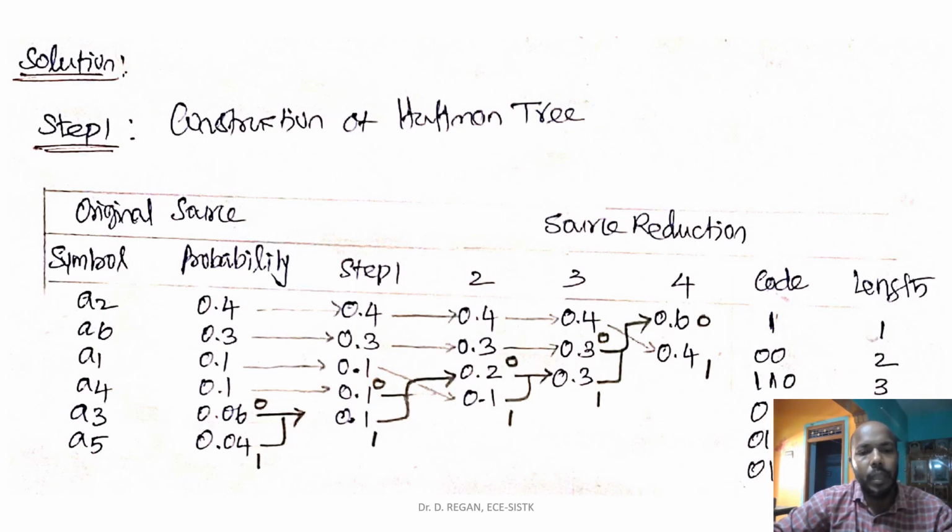And followed by A3, which is equal to 0.06. The last one is A5, which has a probability of 0.04. Here you can notice that the probability values are in descending order only, but the source symbol order is different.